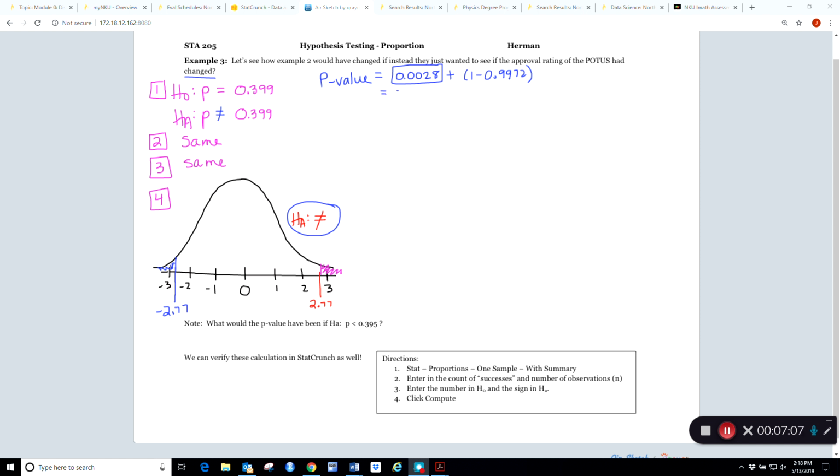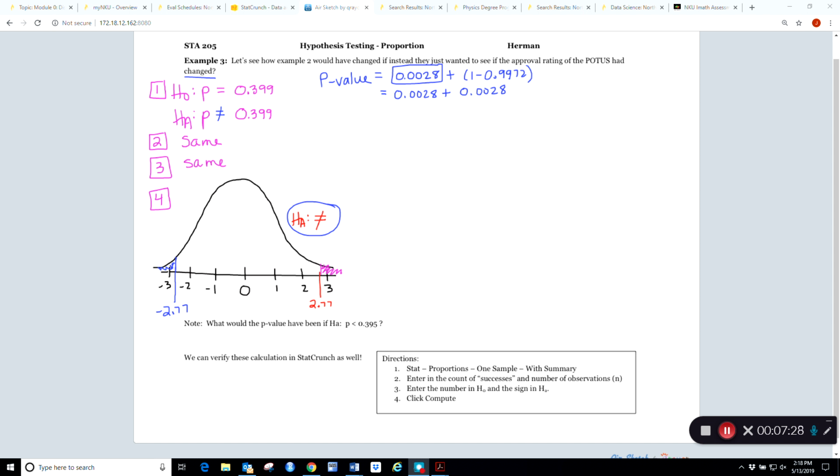And so if I do that math, something's going to happen that's not a coincidence. What we should notice is that those two pieces are exactly the same. That's happening here because remember the normal distribution is symmetric.